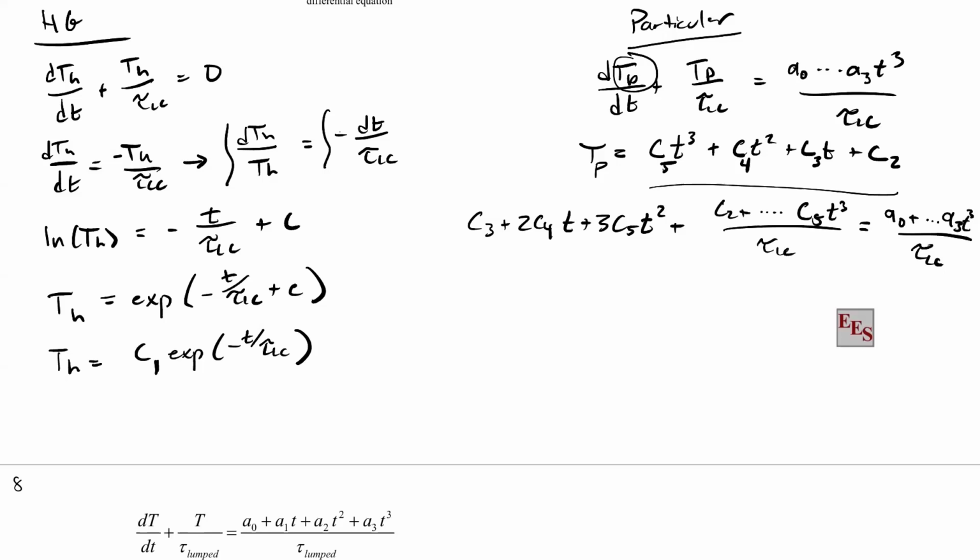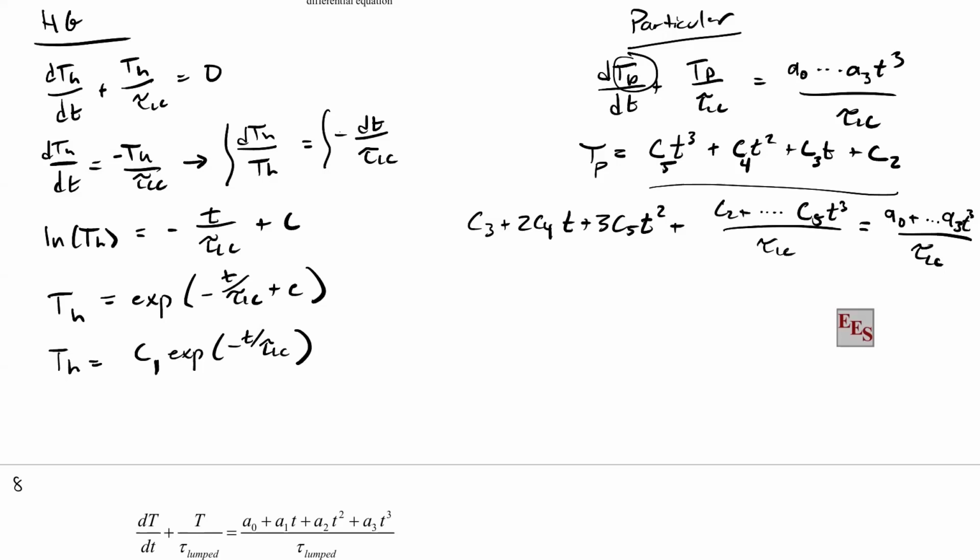So if t is changing by t or t squared or t cubed, then all of those little pieces of the equation that are linear in t or quadratic in t or cubic in t, they all have to essentially take care of themselves. What do I mean? We can come up with equations within this equation based on the fact that this equation has to be true for all time.